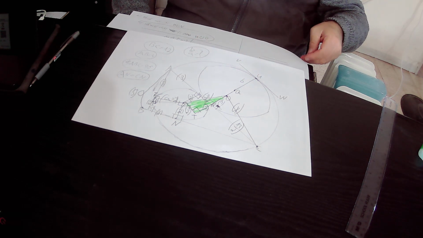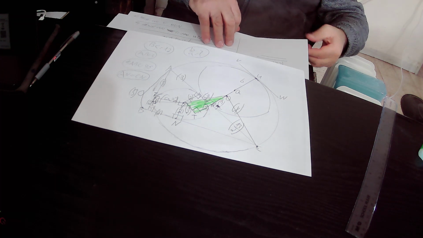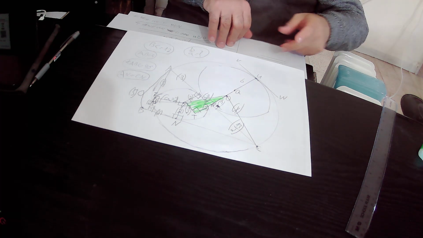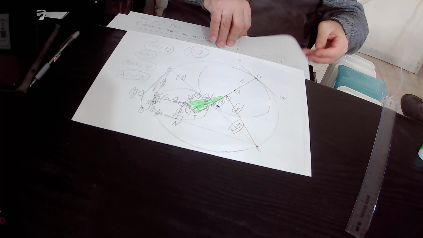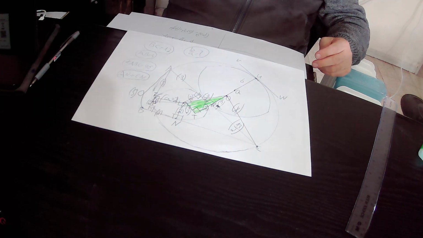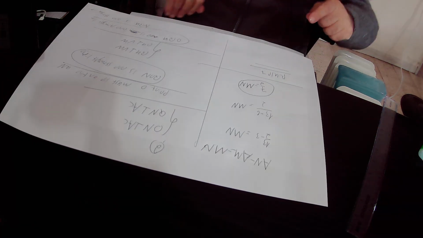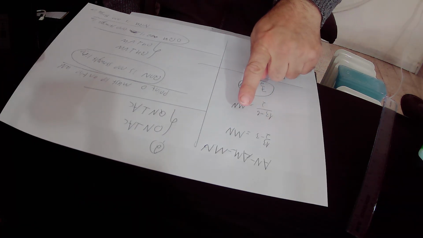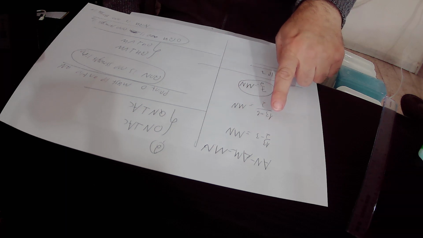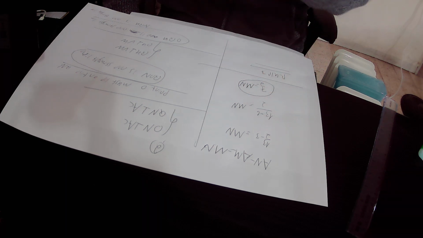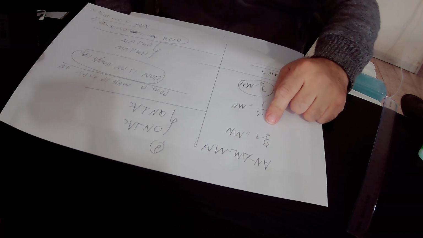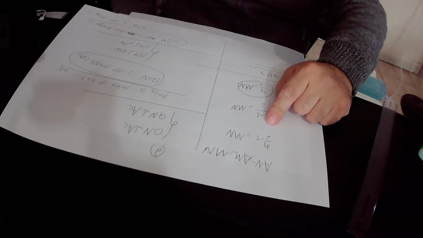Repeat again. AN minus AM equals MN. AN is 13 over 2, minus AM is 3, is equal to MN. 13 over 2 minus 3.